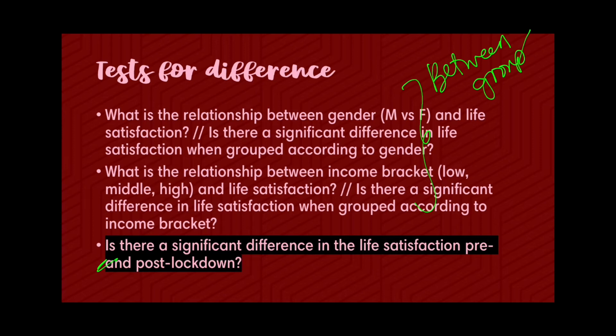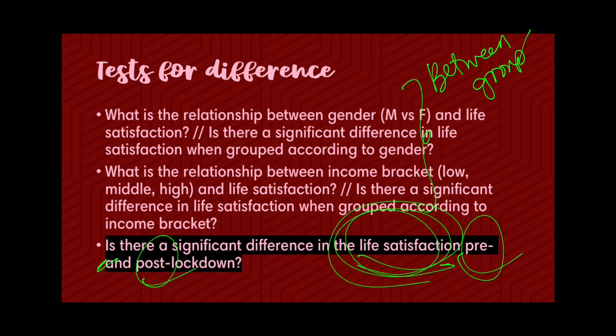So we're not going to differentiate the life satisfaction across groups within the larger sample, but it is within the same group, no. It's just that there is a repeated measure, no? Ano yung repeated measure? We're measuring the same life satisfaction, but the first measurement was done pre-lockdown, the second measure was done post-lockdown. Right? So that's called repeated measures because the same variable is measured at two different moments in time.